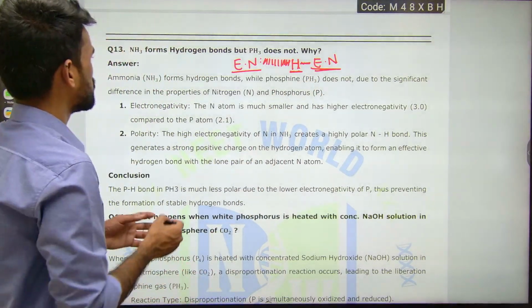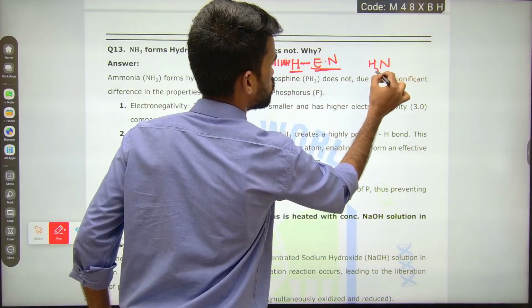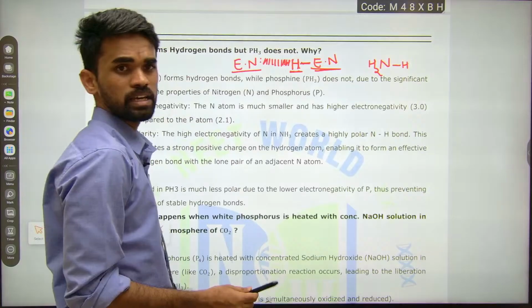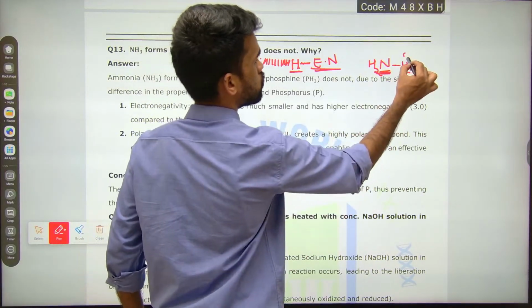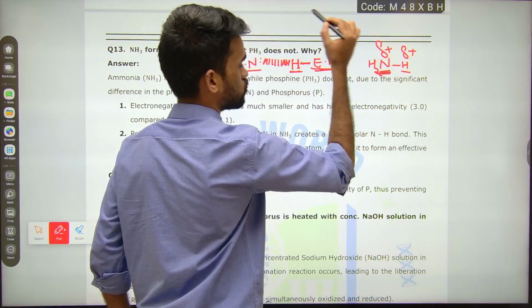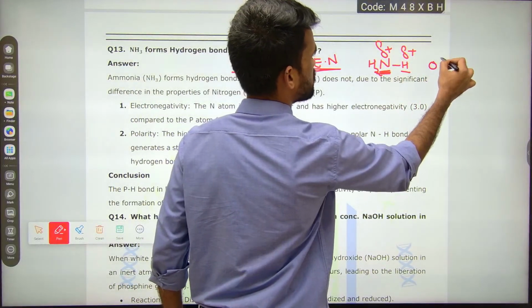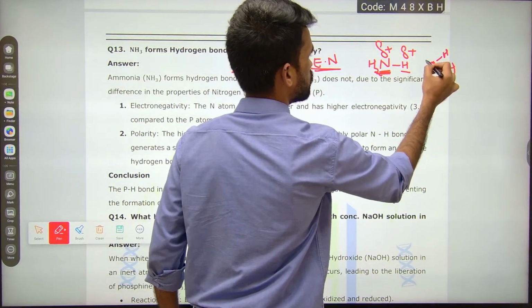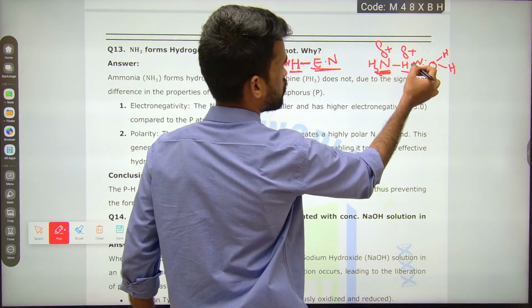So, for example, here I am writing ammonia. If you see NH3, I am writing it like this. The hydrogen atom is attached to the electronegative nitrogen atom, so hydrogen gets a positive charge and nitrogen gets a negative charge. Beside this, let us say I am writing a water molecule. Now what happens between these oxygen lone pair electrons and hydrogen?